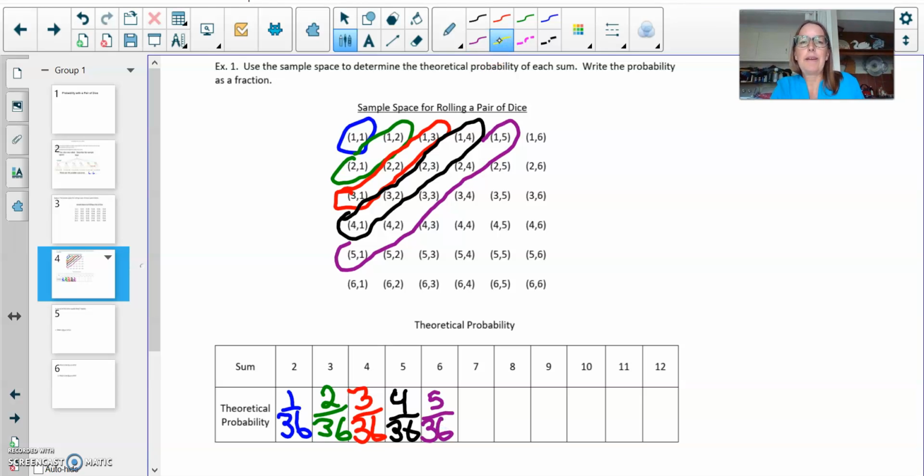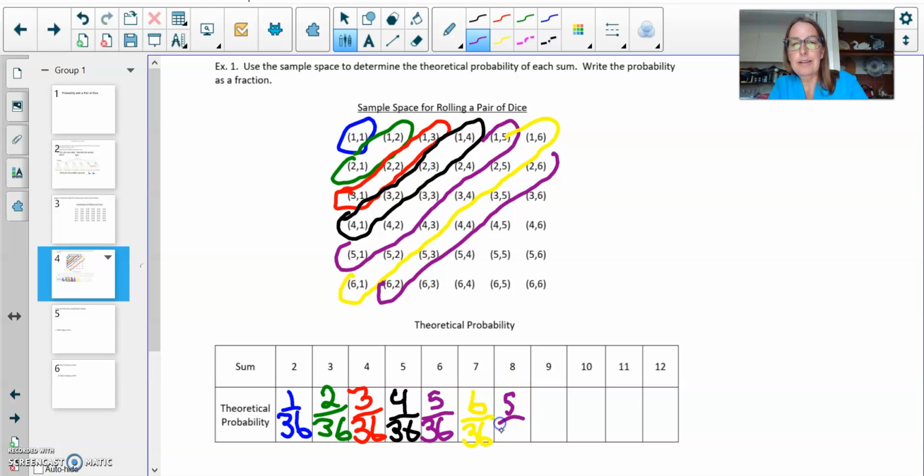A sum of 7, you probably already guessed it, that happens 6 ways: (6, 1), (5, 2), (4, 3), (3, 4), (2, 5), (1, 6). So that is 6/36. Then for 8, it happens 5 ways again: (6, 2), (5, 3), (4, 4), (3, 5), (2, 6). So it's 5/36.